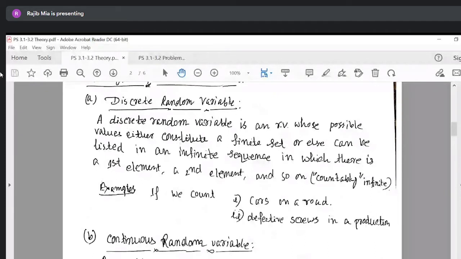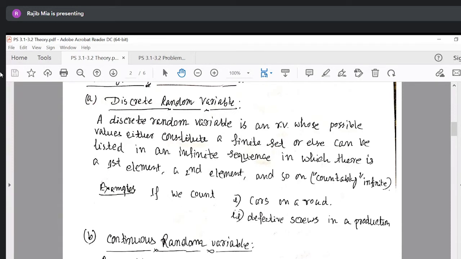Anyone? Might be the total of the two dice when they are rolled. No, if you take two dice, your possible values, that is the sample space, is a finite sample space. So the possible values of X are a finite set.